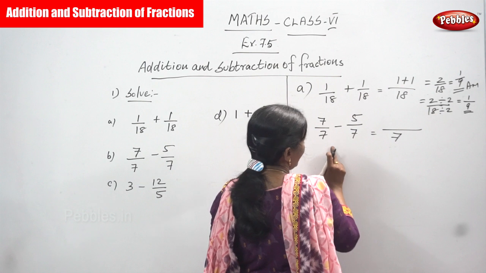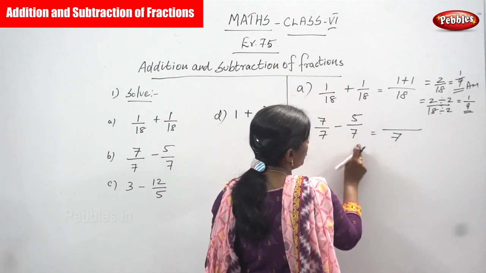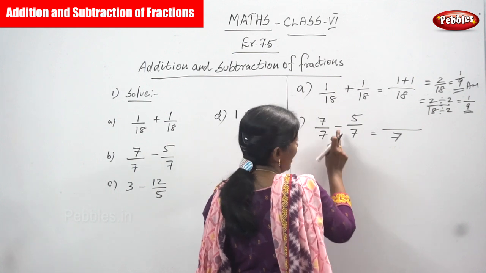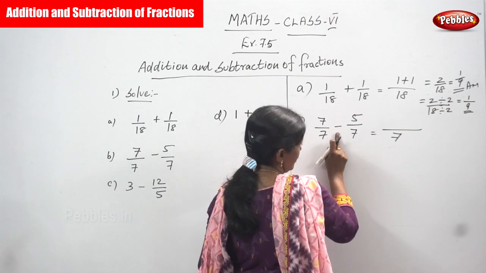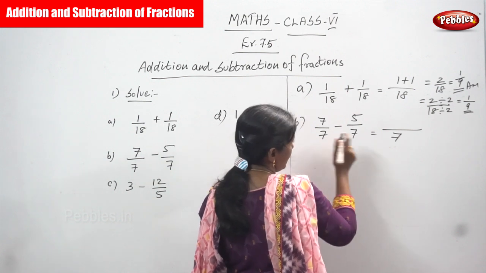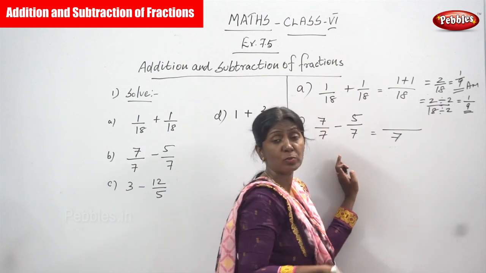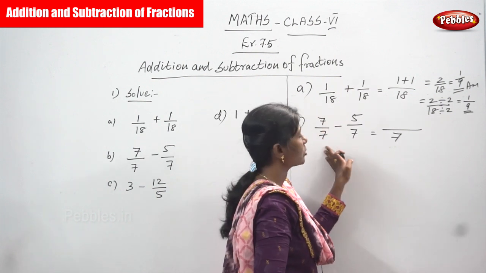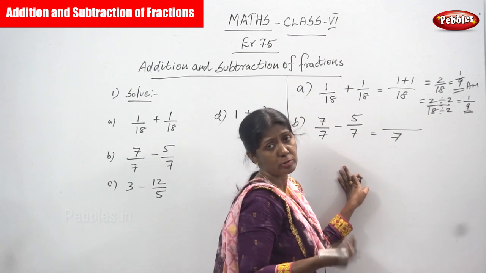Then you have to subtract the numerators, because the numerators are different but the denominators are similar. You have to look at the sign. The sign is subtraction, so you have to subtract only the numerators. If the denominators are different, you must take the LCM. But if the denominators are similar, you have to see only the numerator and also the sign.